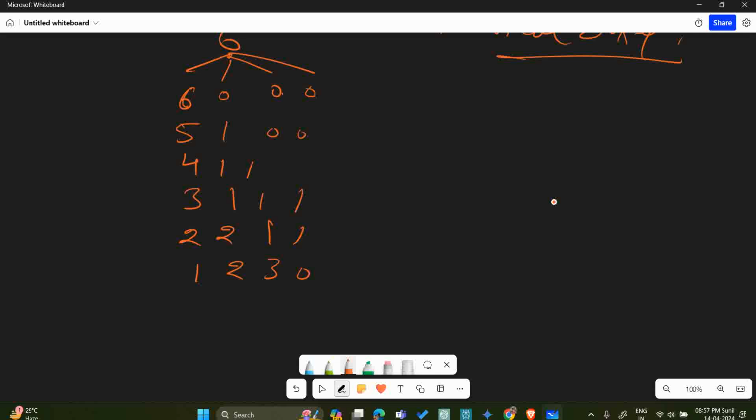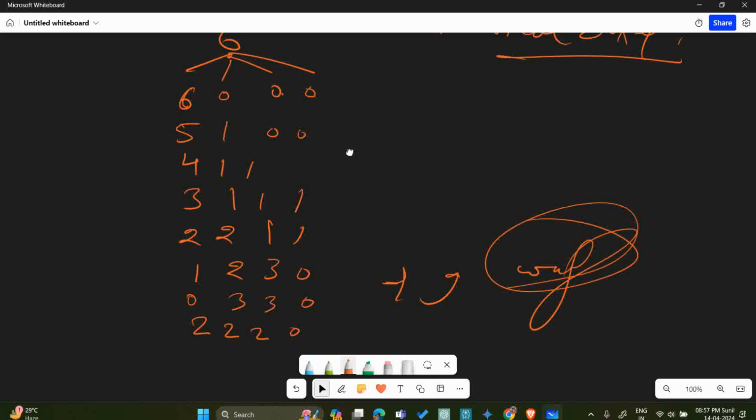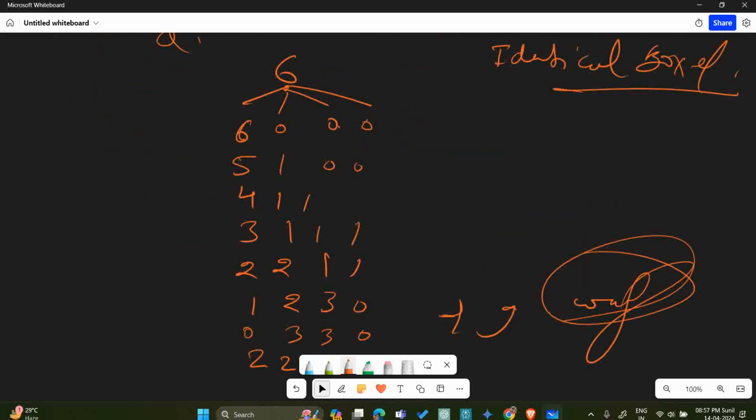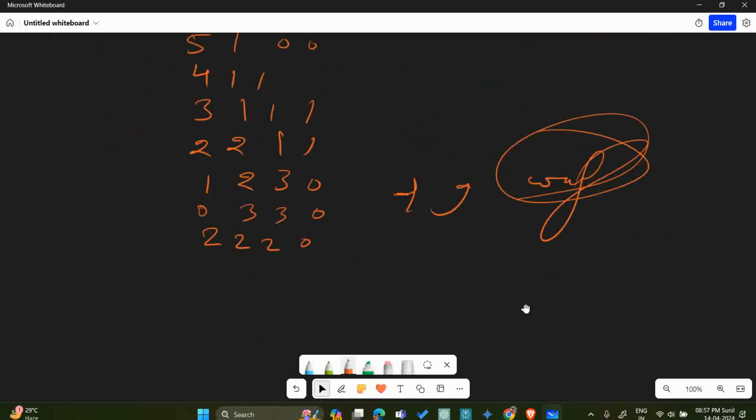And 0330, and 222 and 0, like that. Number of ways is 9. This we have to do manually, so this is not important for GATE, but important if it comes, then we can do it manually. There is no formula for these types of questions.